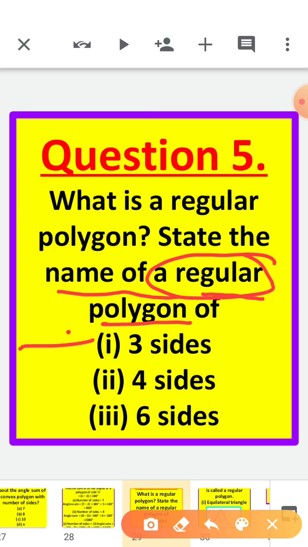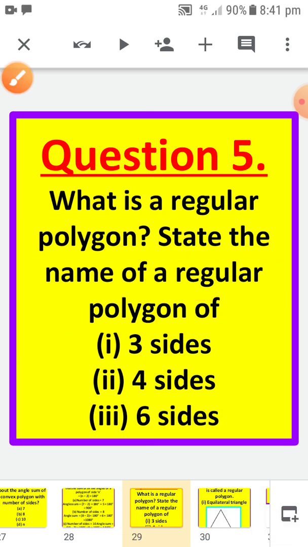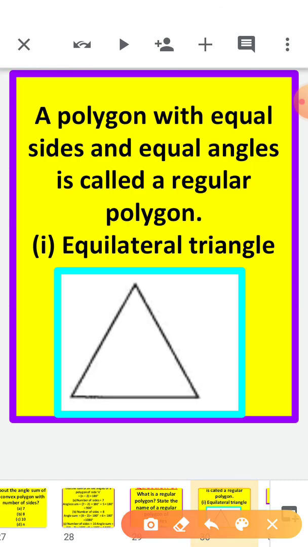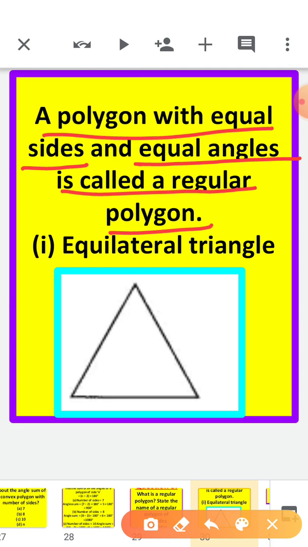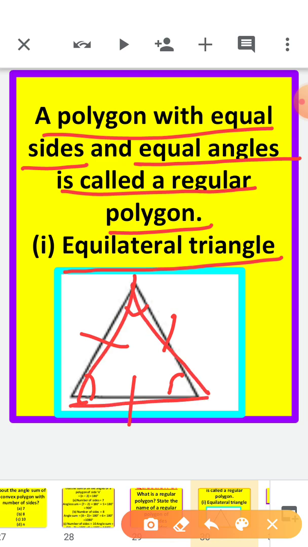So let's see a three-sided figure which is a regular polygon. An equilateral triangle, a polygon with equal sides and equal angles, is called a regular polygon. In an equilateral triangle all the sides are equal and all the angles are also equal. So this three-sided figure is an example of a regular polygon.